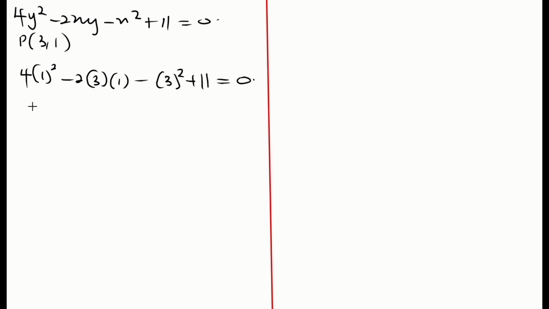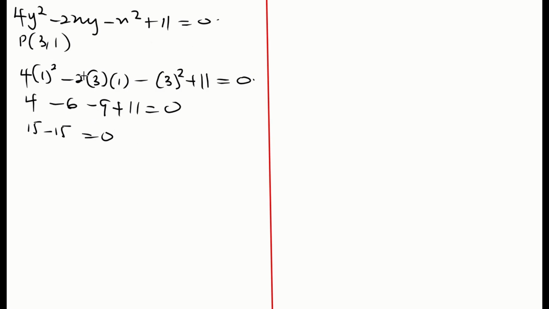This should be equal to 0. 2 times 3 is 6, 3 squared is 9, plus 11, should be equal to 0. When we see this, 4 minus 6 minus 9 plus 11 is 15 minus 15, which is the same as 0. So we are right. It means that the point lies on the curve.